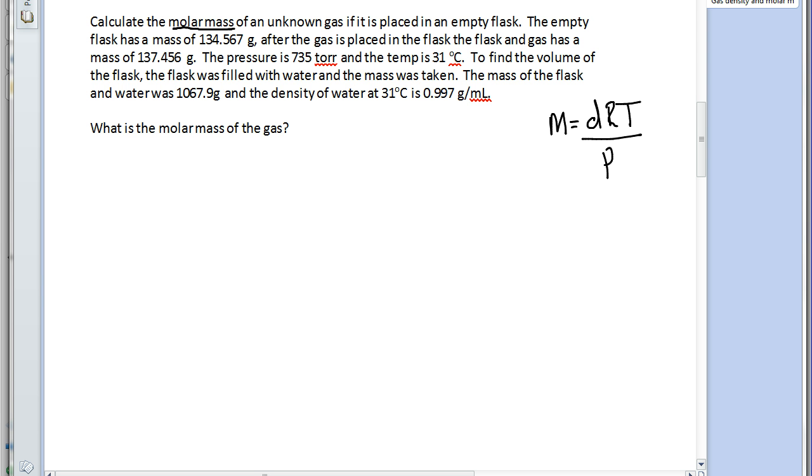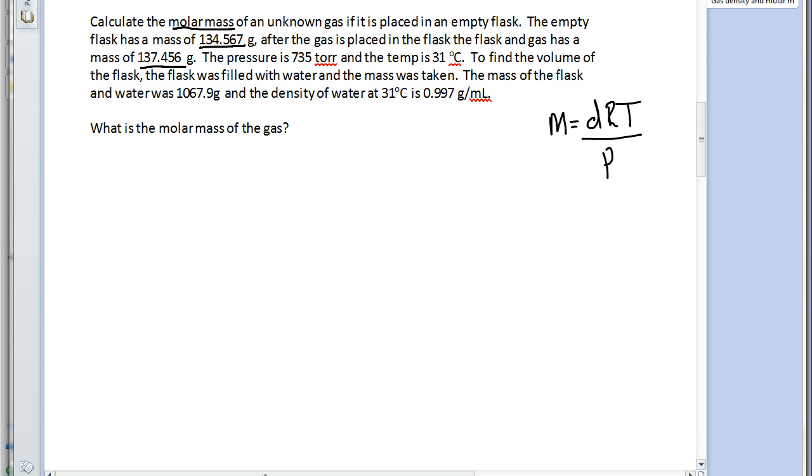The empty flask has a mass of 134.567 grams, so it's probably been evacuated, as they like to say, which means they've pulled out all the air, and we're taking a mass of nothing but the flask. After the gas is placed in the flask it has a mass of 137.456 grams.